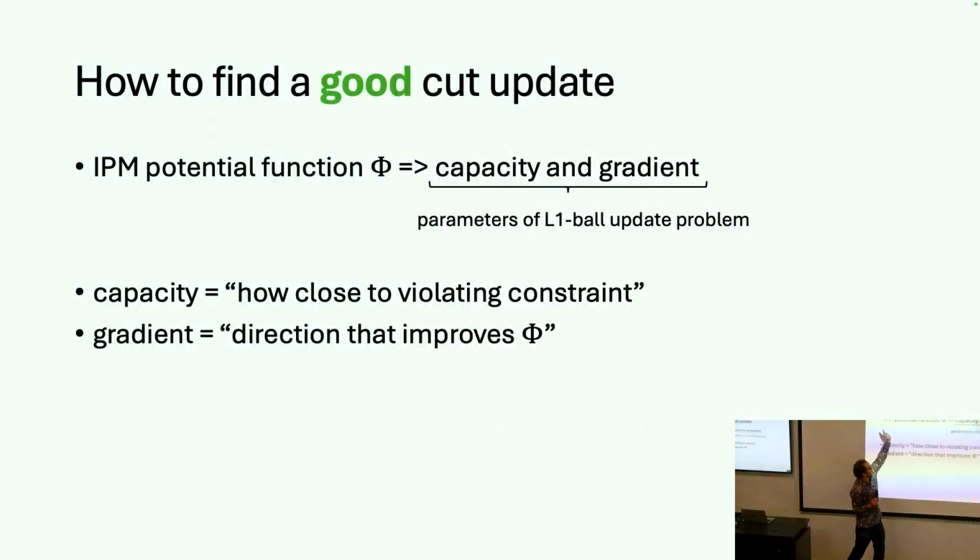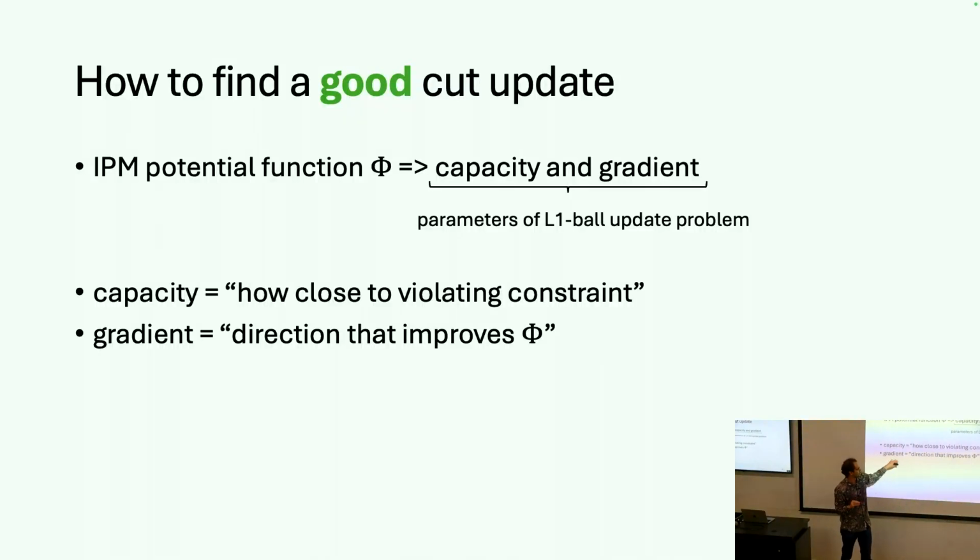But the question is how to find a good cut update. And this is what this box problem refers to. But I'm going to give you a very combinatorial way of looking at this box problem now. So the IPM potential function gives you a capacity and a gradient. And these are going to be the parameters of this L1 ball update problem. The capacity you should think of as how close are we to violating some constraint.